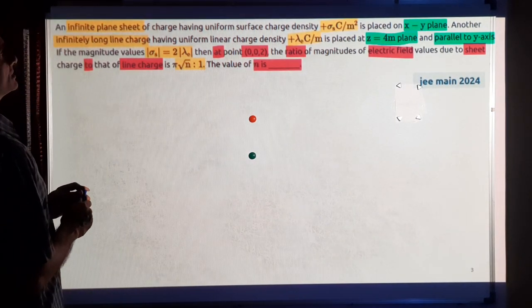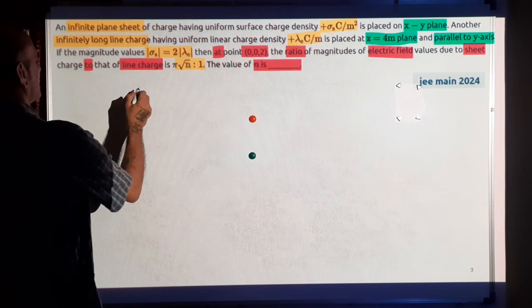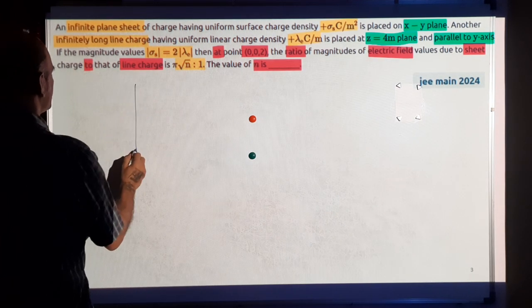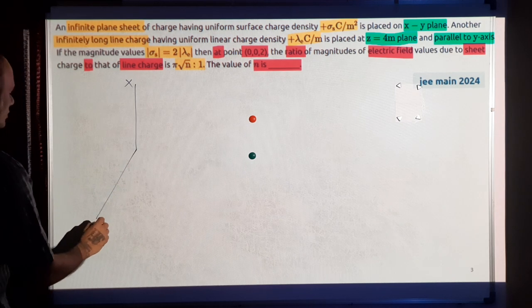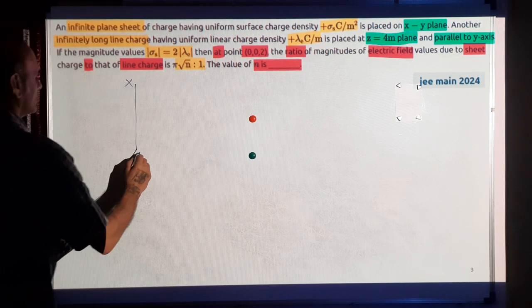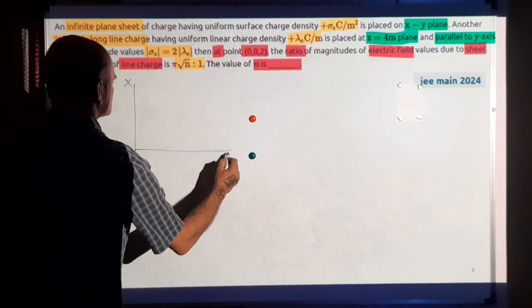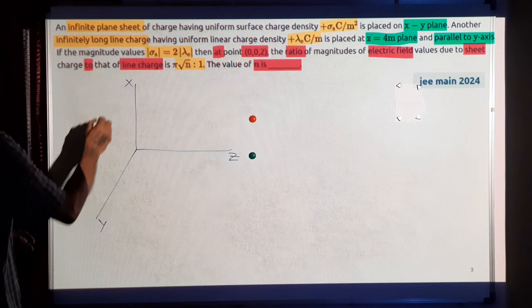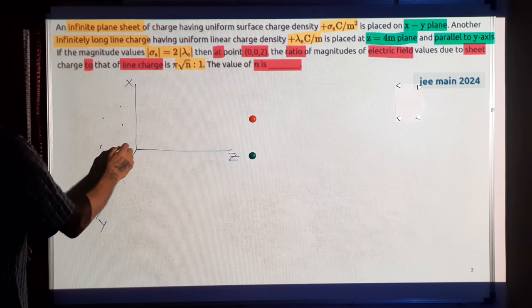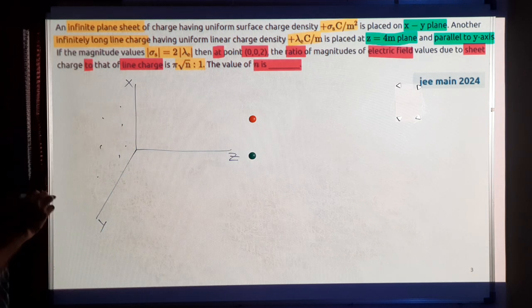Infinite plane sheet is in the xy plane. Let this be the x-axis and the y-axis let it come out of the plane of the board, and the z-axis is towards the right. So this is the xy plane where the sheet is.